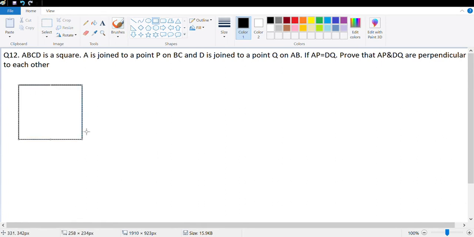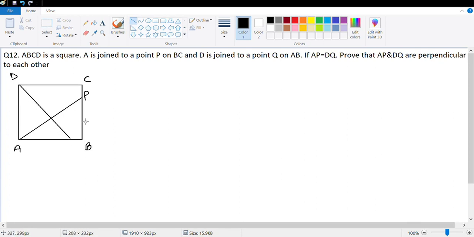So that's my square. Let's just mark it first, A, B, C and D. A is joined to a point on BC, which is point P, something like this. And D is joined to a point Q on AB from here.